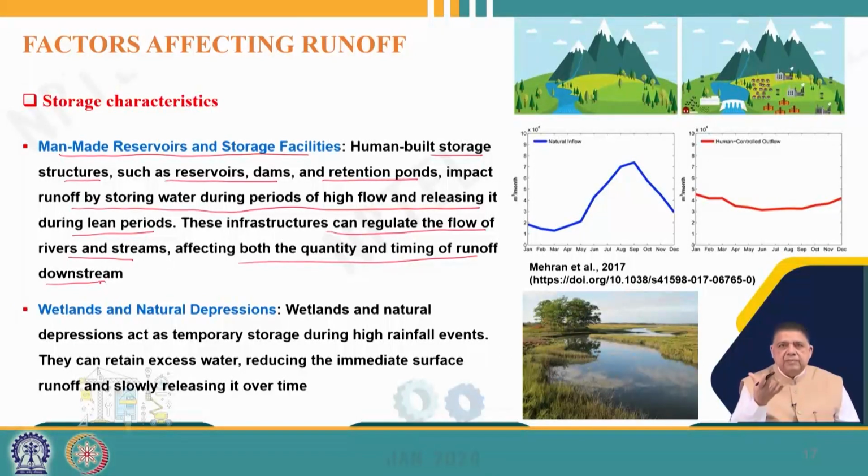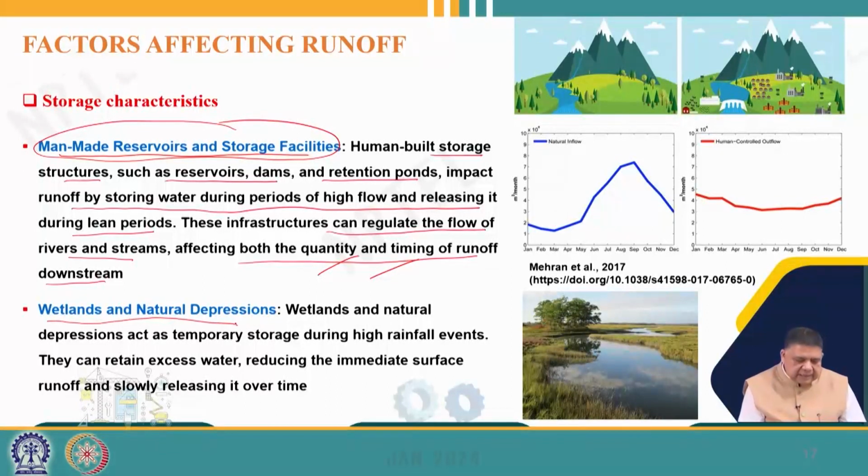So, this water will be stored, not get converted to runoff, and used during the dry period to meet the various demands for which a particular storage structure is built. So, whenever there is a man-made storage facility in the catchment, it will affect runoff generation, the quantity and timing of the runoff.